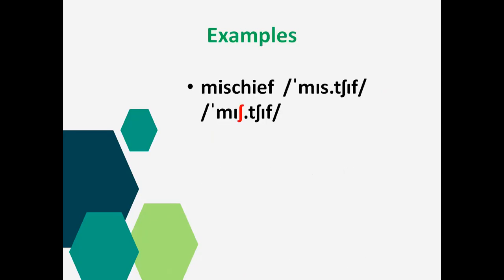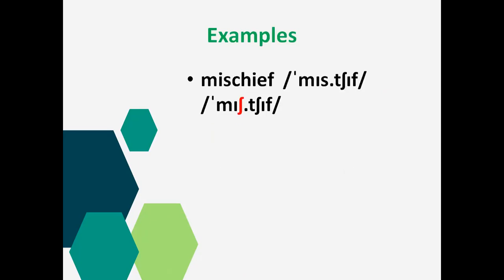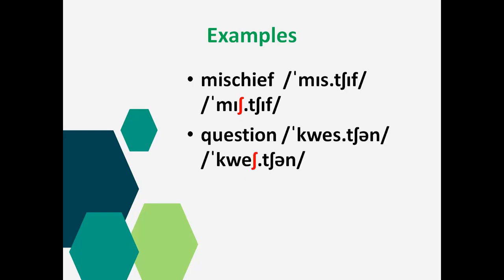Now see certain words. In certain words, we can also have assimilation, like "mischief." Normally, when we say it, it is "miss" and "chief," with the ch sound, but when we assimilate it, it becomes "mishchief." Another example is "question."